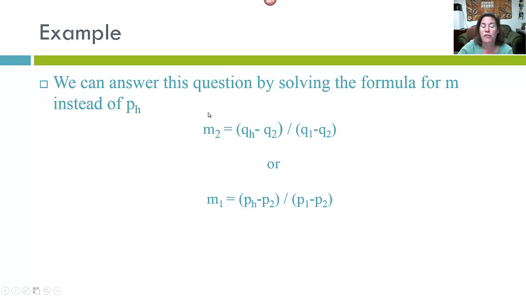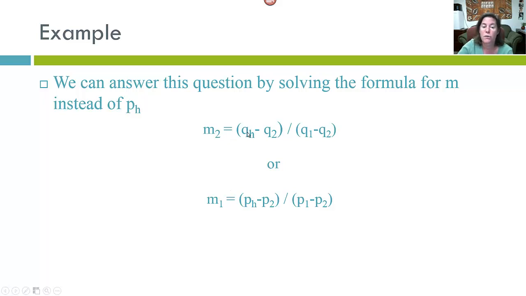So here we're solving for M2, the proportion of the genes that came from population 2, instead of solving for the proportion of the recessive alleles in the hybrid population. You don't need to know how we solve for M versus Q. You do need to know these formulas though.